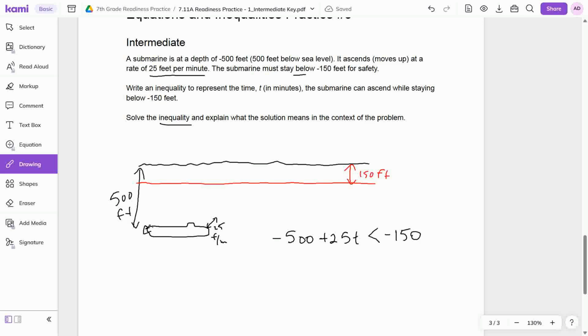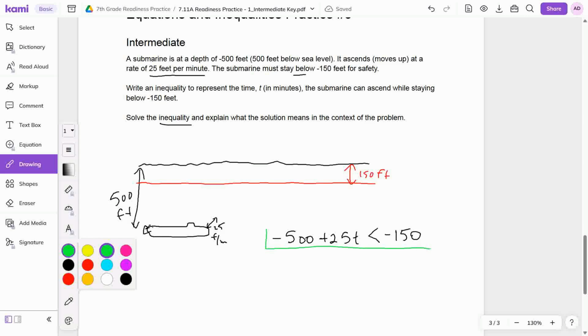Now, once we get here, what we're going to do is treat it like an equation. We're going to use properties of equality. So if I have a minus 500 or a negative 500, however you want to look at it, we need to think of the opposite of that as a plus 500 or positive 500. So let's add 500 to both sides.